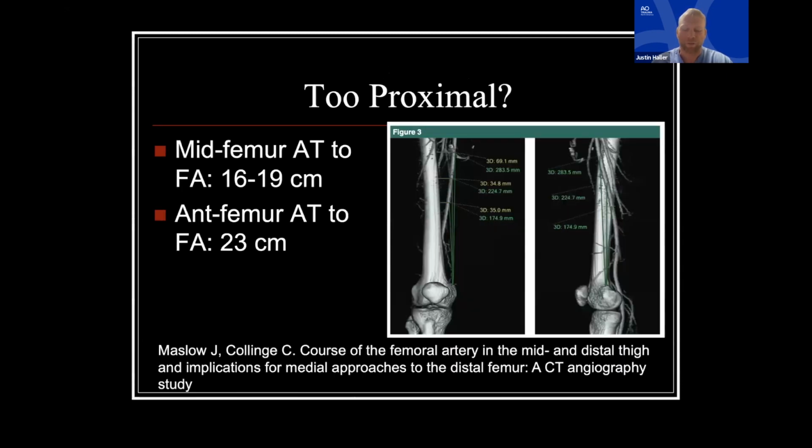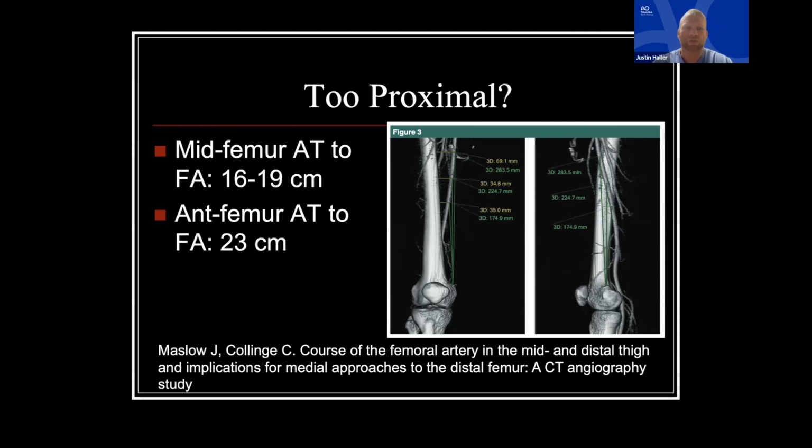Last is, you're limited by how proximal you can go on the medial side. And that's just really not true. So this is a study done by Corey Collins where they looked at CT angios and had 3D reformats performed. And what they found was, on average, if you went from the adductor tubercle to the femoral artery along the mid femur, it is 16 to 19 centimeters in length, which means you can get pretty proximal.